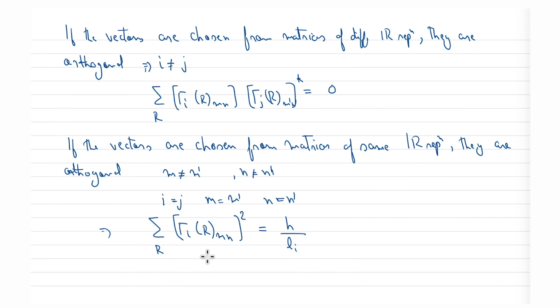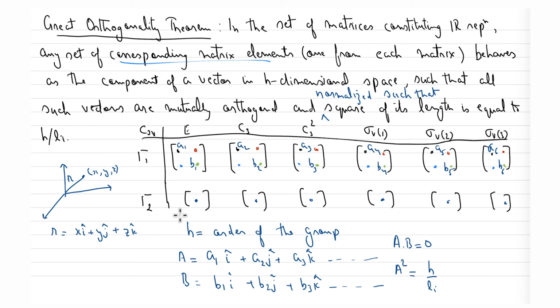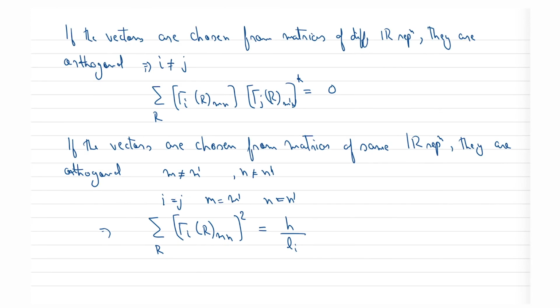So this is the mathematical meaning of what we just explained using the C3v point group example, and we saw how these vectors are orthogonal and normalized. In the next class we will see different properties of this GOT, that is the great orthogonality theorem, and how these properties are actually used to deduce irreducible representations without having to worry about what the basis set is, or what the effect of symmetry operation is on the basis set or on the molecule.